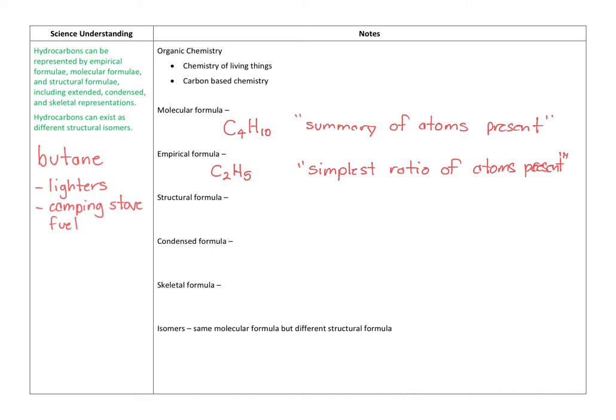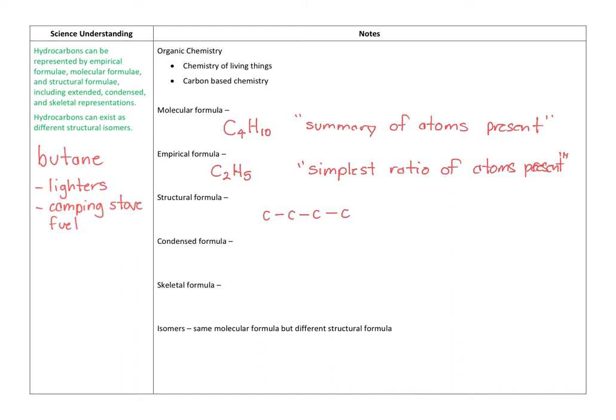Next is the structural formula. So the structural formula for this would be, in a sense, what it looks like. However, we do cheat a bit, and let me draw it out and then talk about it. The structural formula here: butane has 4 carbons. These carbons bind to each other. Carbon likes to share electrons. It has 4 electrons in its outer shell. It's a non-metal, so it likes to share.